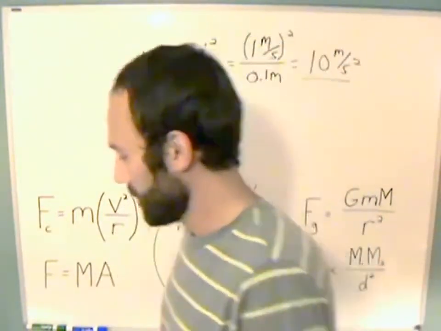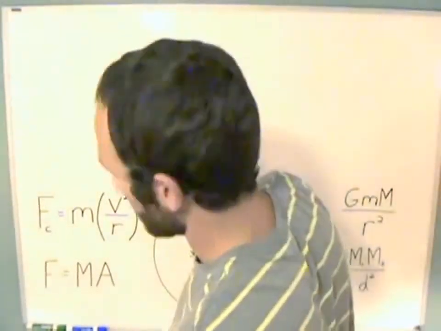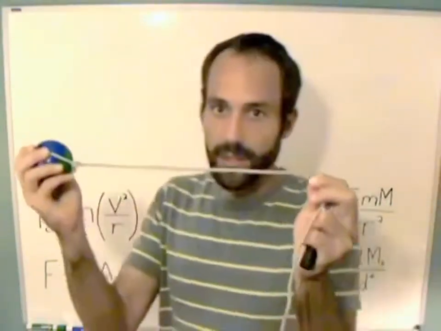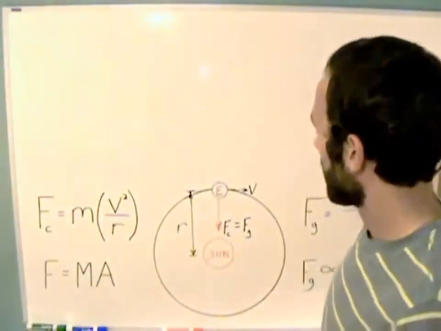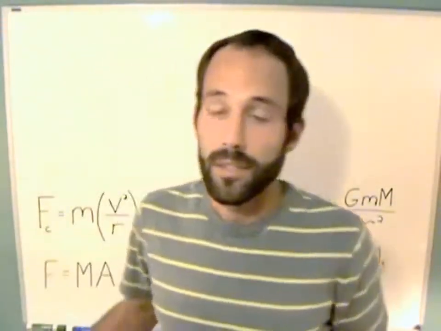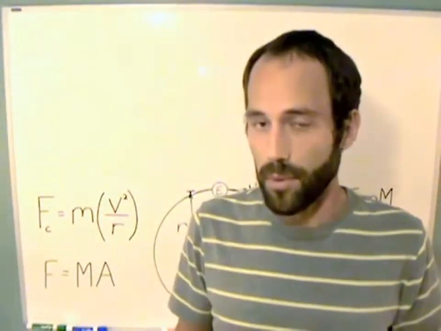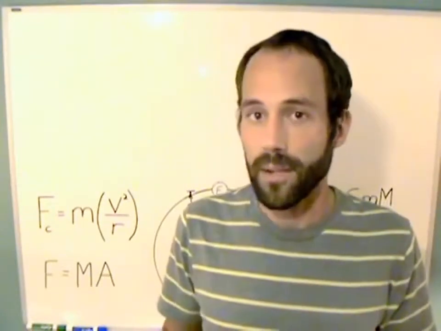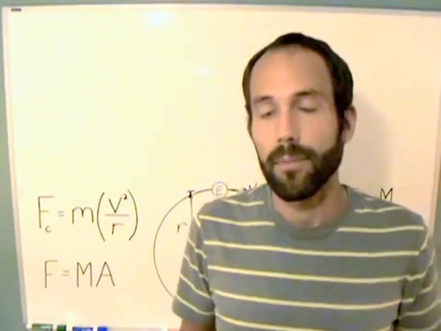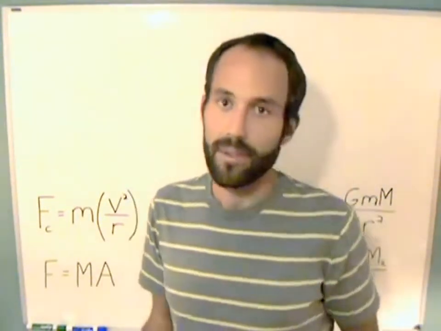Okay? However, in this case, the acceleration is considered to be acting towards the center of the circle, or towards where the tension in the string is for the spinning ball. And if you remember in episode 2, I said that acceleration is any change in velocity. So since velocity has both a rate, as in miles per hour, kilometers per hour, meters per second, and a direction, if the rate remains constant but the direction changes, it is said to be constantly accelerating.